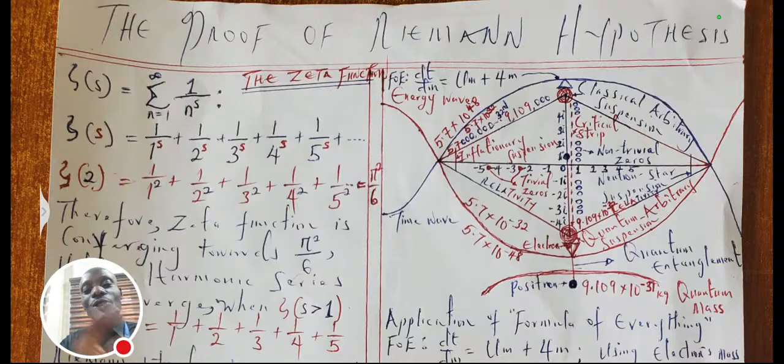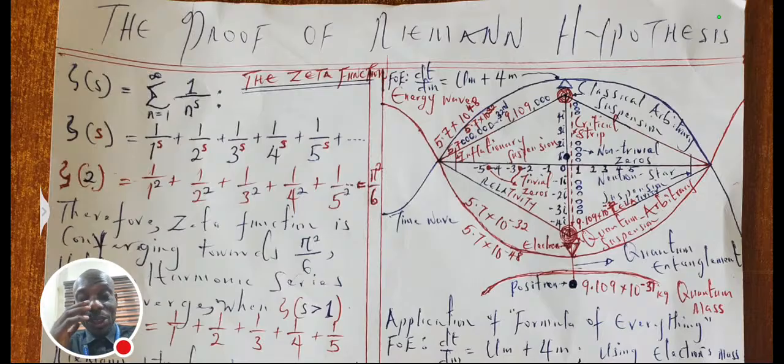That is what we're going to dissect in this particular video. There is a genuine solution to this Riemann hypothesis, and so we're going to dissect it for us to be able to understand how this particular problem is being solved.